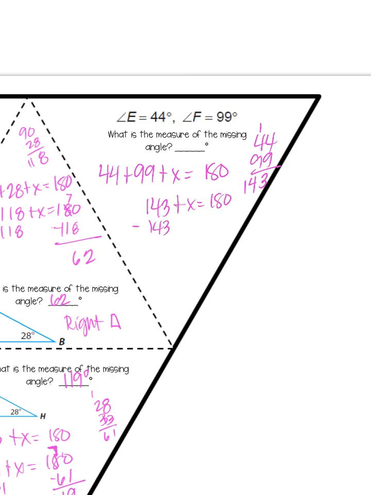Subtract 143 from both sides. 10 minus 3 is 7. 7 minus 4 is 3. 1 minus 1 is 0. Okay, should you ever miss these? No. One thing that you can do is always go back and check it, right? All right, let's see what else we have going on.